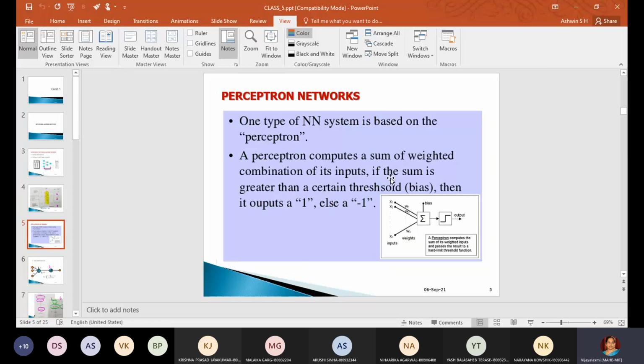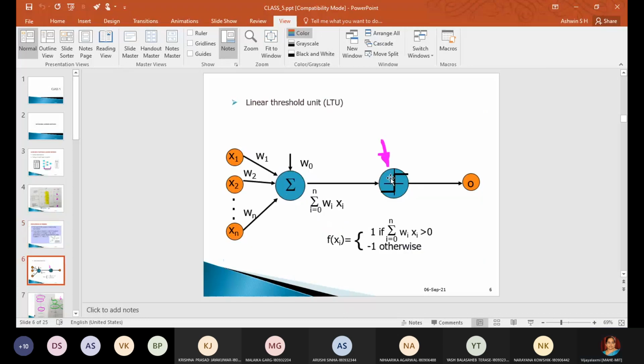Yeah, this is the perceptron neural network model. Like any other model, it computes the sum of weighted combinations of its inputs. Something like this, the diagram with the bias value, activation threshold unit, and the output unit.